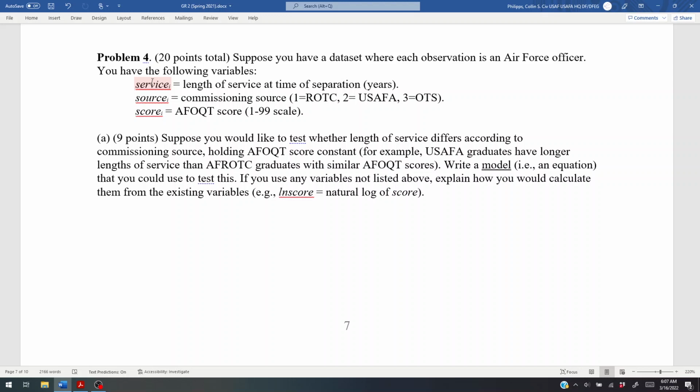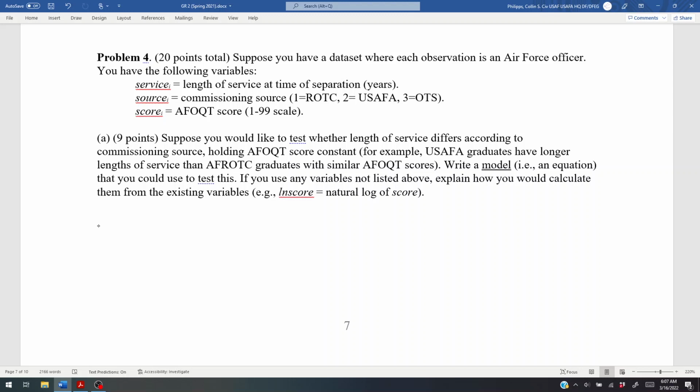So the question is, if you come from ROTC, USAFA, or OTS, are you going to serve in the Air Force as long, longer, not as long? I don't know, right? So I'm going to write a model, and I'll just say that service is a function of everything I have available, which is your score on the AFOQT, and where you came from.